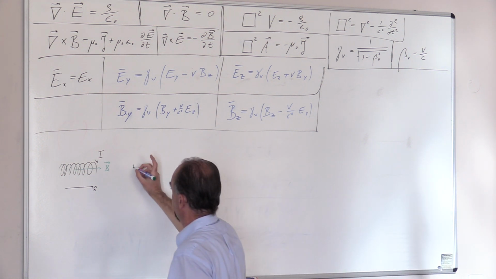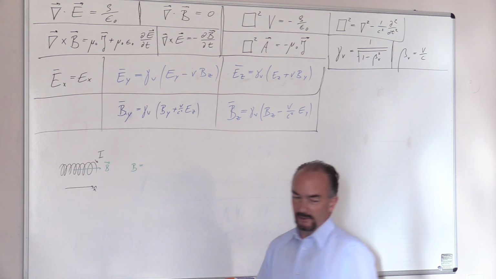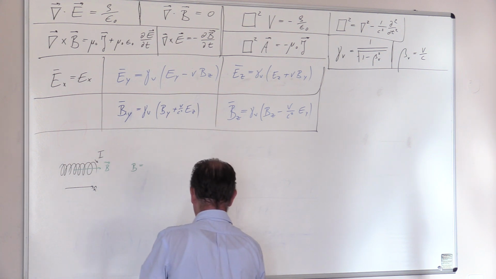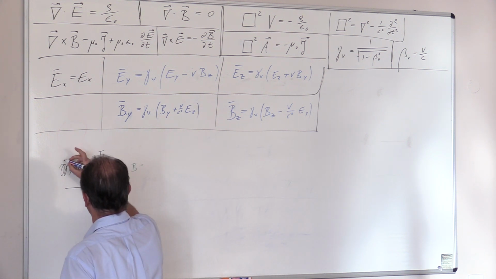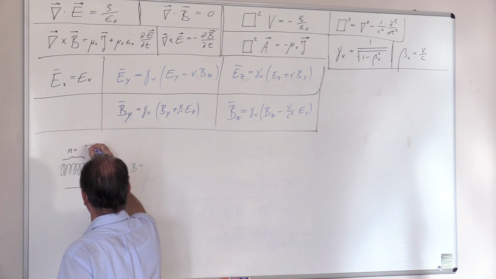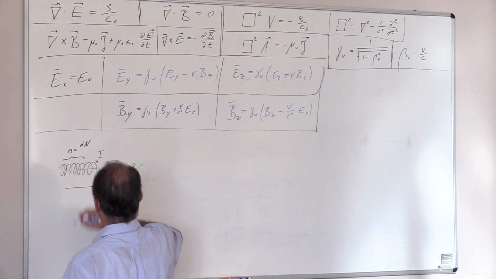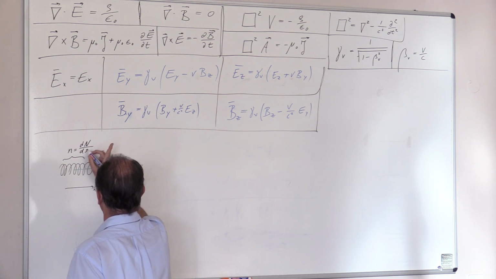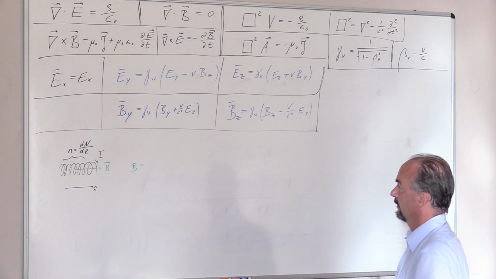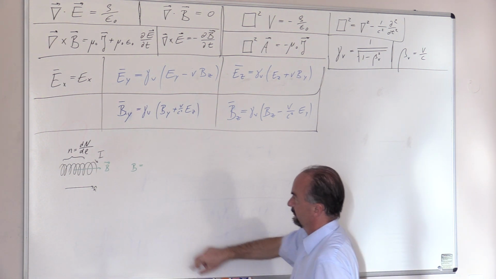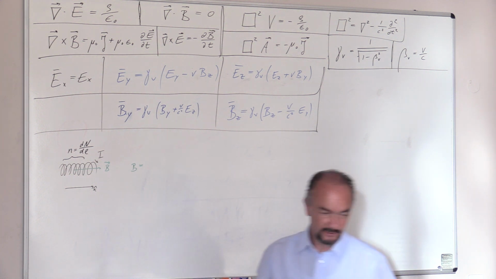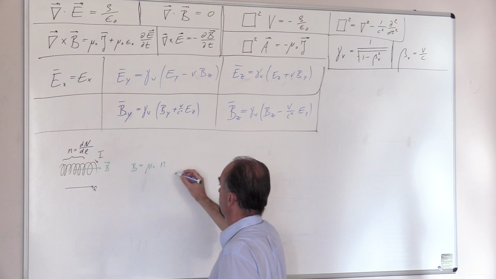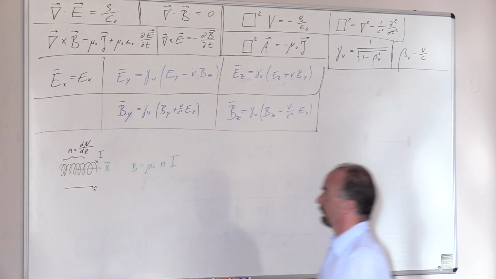Then this magnetic field B equals, assume there's n being the number of curls, the number of windings per unit length, right? Then the magnetic field B is just mu naught n times the current going through, right?